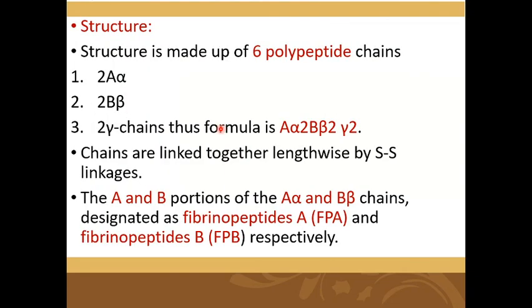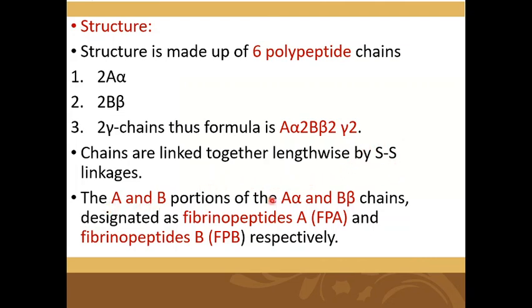Structure. It is made up of 6 polypeptide chains. This you have to remember. 2 alpha chains, 2 beta chains, 2 gamma chains. ठीक है भाई? And these chains are linked by disulfide linkages.